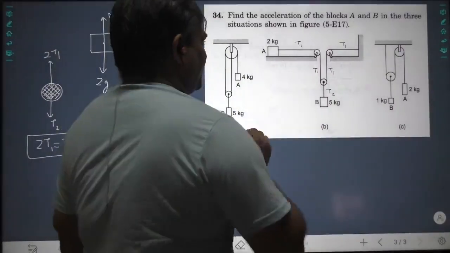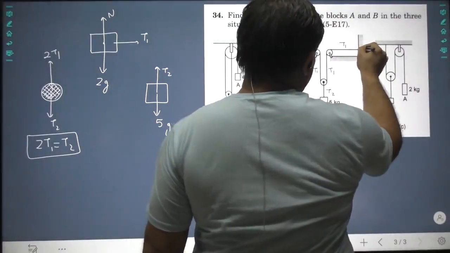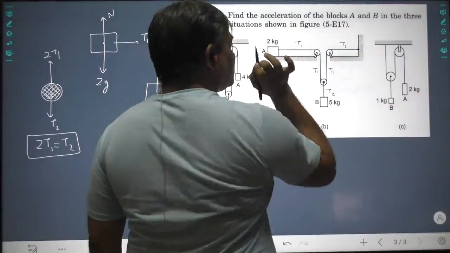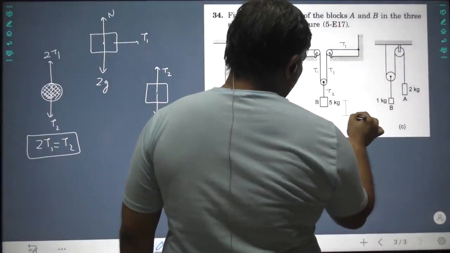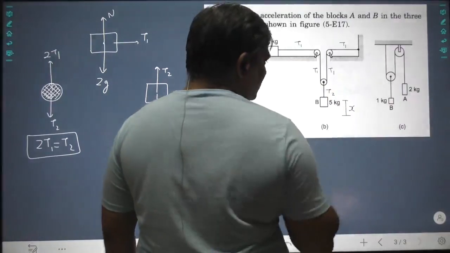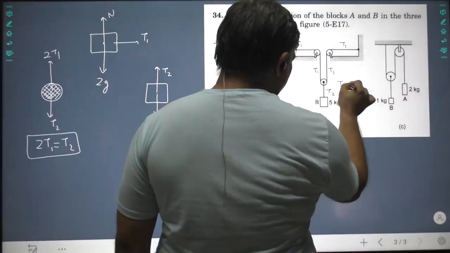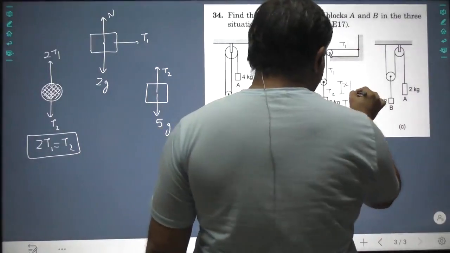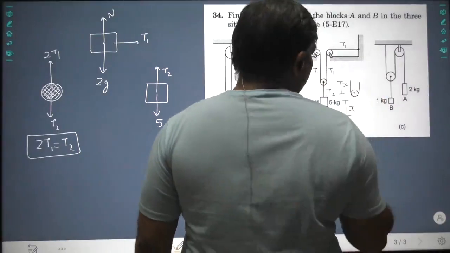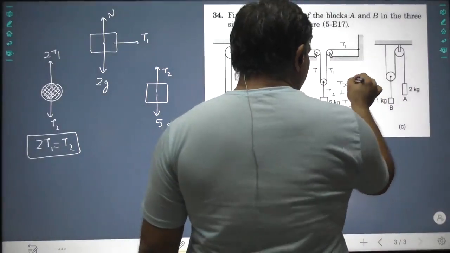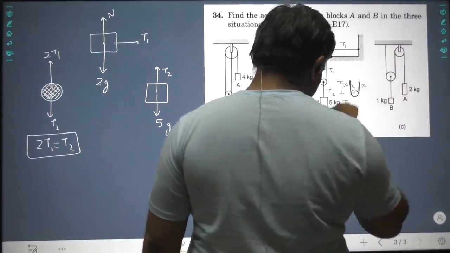Please understand. This string has this end fixed and this end moving. Again, if this block goes X down, then this pulley has to go X down. But for the pulley to go X down, we need X unit of rope here and X unit of rope here.